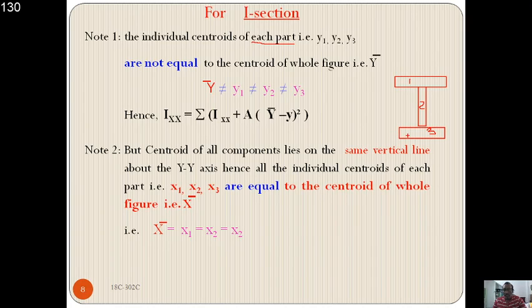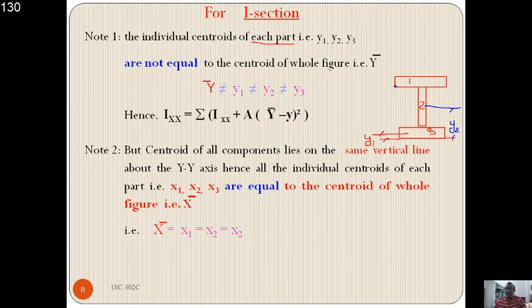Let us see what the centroid for the third part is. This is the centroid. This is the y1 part, so this distance will be y1 only for this particular part. Whereas for y2, from this point up to this point, it would be y2.